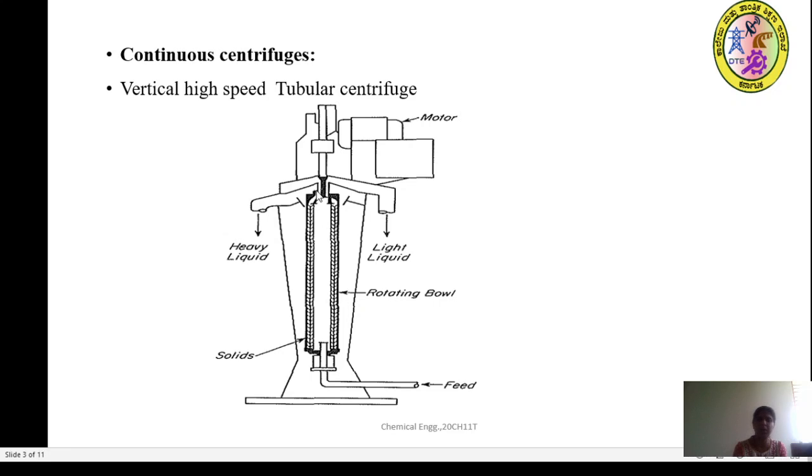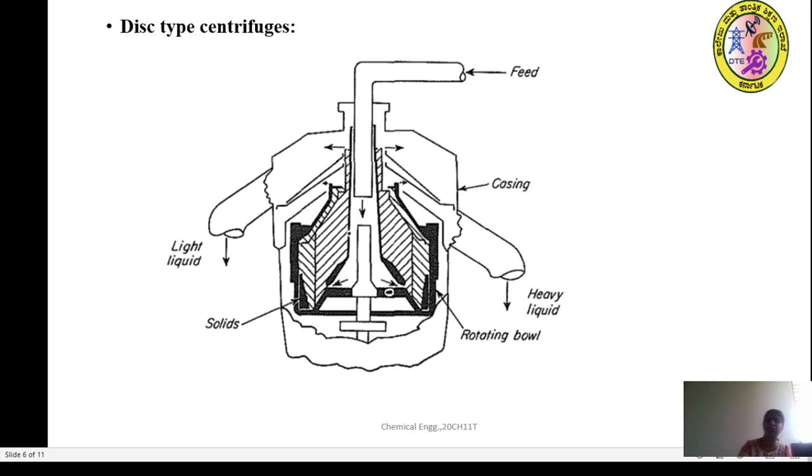The feed liquid contains two liquid phases, so there is a separation of the heavy liquid and the light liquid along with the solids removal. Especially it is used in the clarification of oils and fruit juices, and the removal of solids and water from lubricating oil. So these are the applications of the vertical high-speed tubular centrifuge.